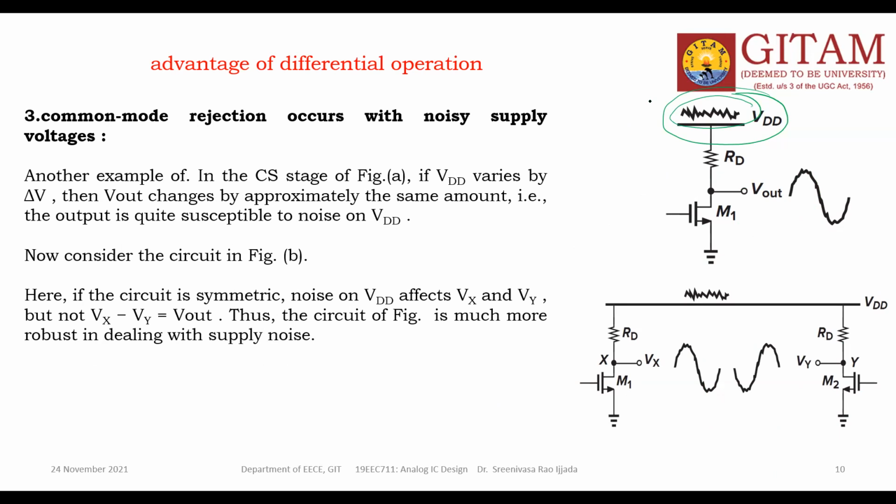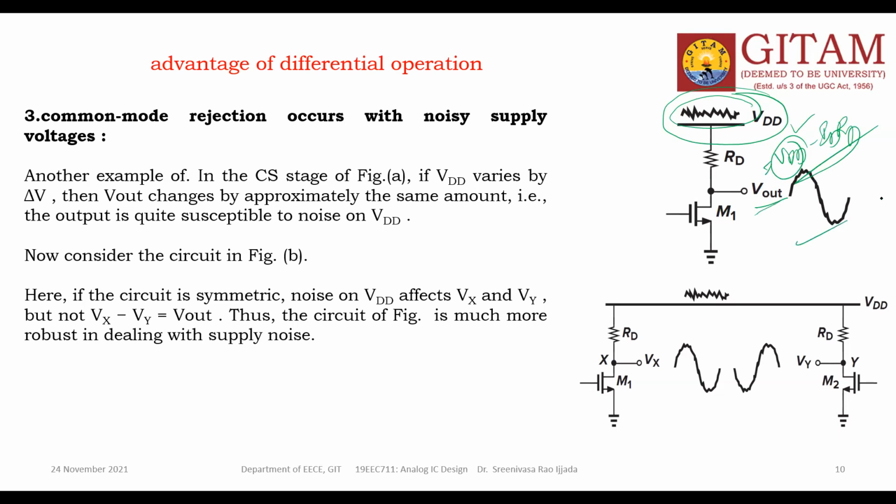So definitely such variations exist at the supply VDD. Because your output in this circuit, output V0, is equal to what? VDD minus ID into RD. It is a simple equation. Because VDD is having sudden changes in the signal level, the same corresponding changes will appear in the Vout also, like this.